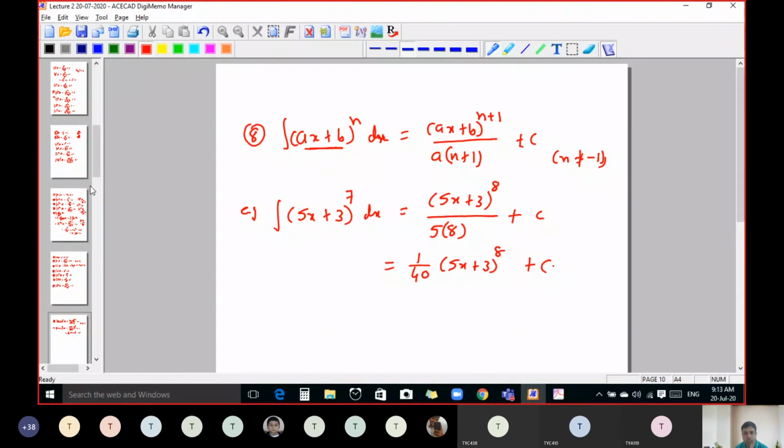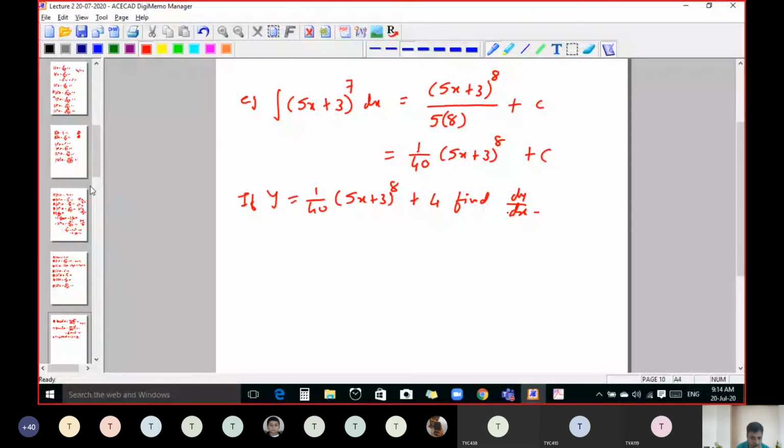Now if you want to check whether this answer is correct or not, you have to find the derivative of this. So if there is a question like this, y equal to 1 upon 40 into 5x plus 3 raised to 8 plus some constant number, let us say 4, and we are asked to find dy by dx, this is actually a derivative question.